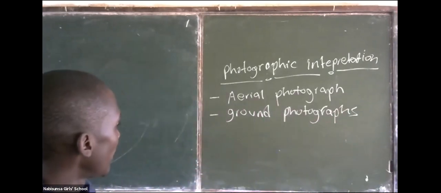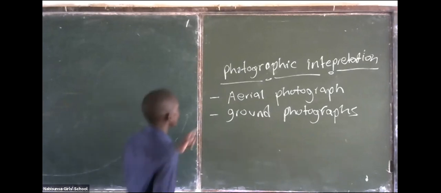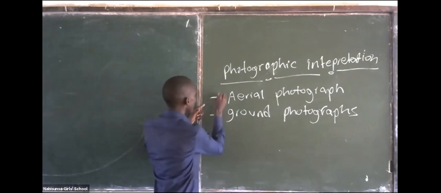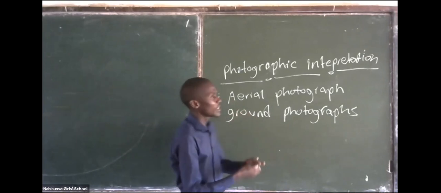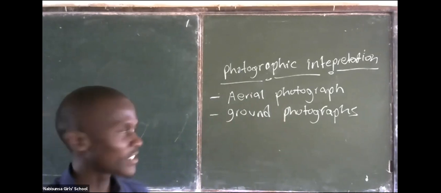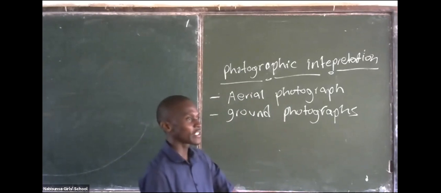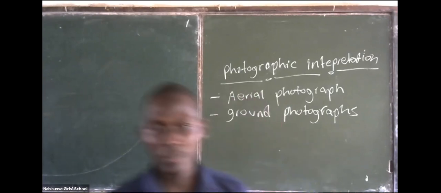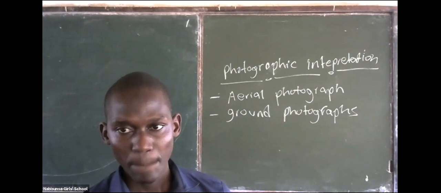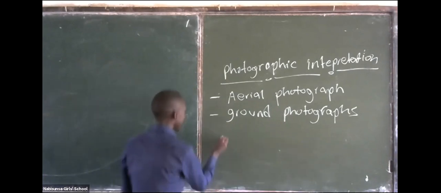Okay, Navi. Just help us to understand with examples of aerial scenarios. Some aerial photographs can be taken when the photographer is in a parachute and his camera is pointing directly down. That's what I wanted. Thank you.